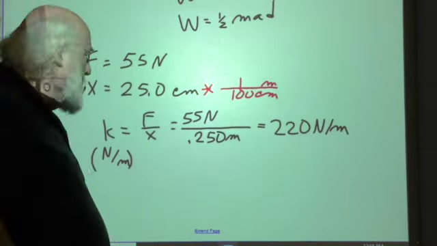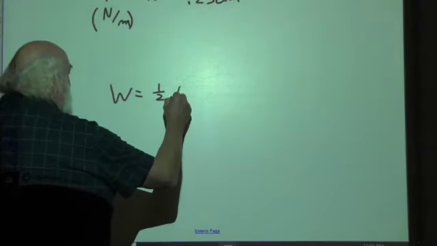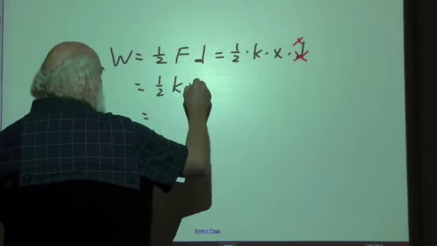Now, here's our formula for this. 1/2 F times D. All right, so since that is the formula, we also have to remember that force is defined as K times X. So that's 1/2 K times X, and then D. Now D can be replaced with an X, since we're talking about X, we'll try to be consistent here. So that means the work is going to equal 1/2 kx squared.